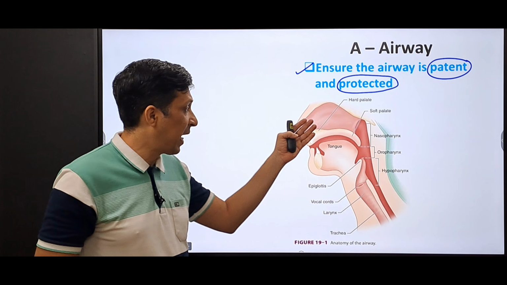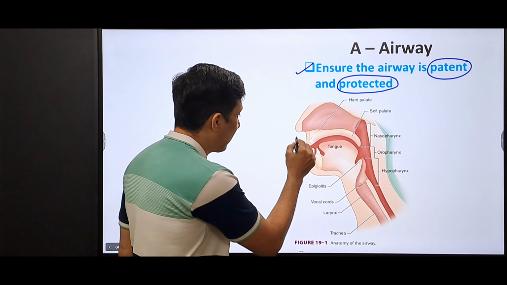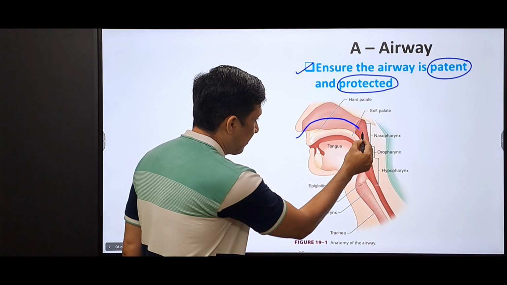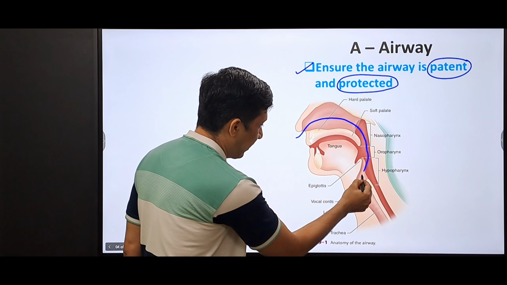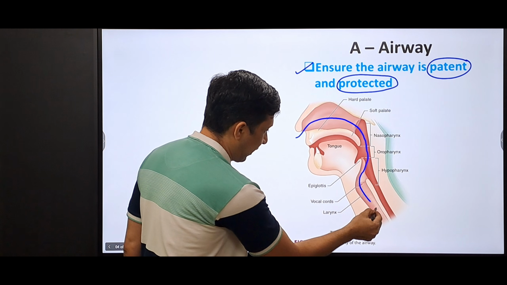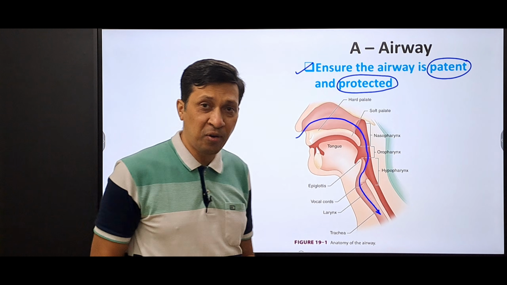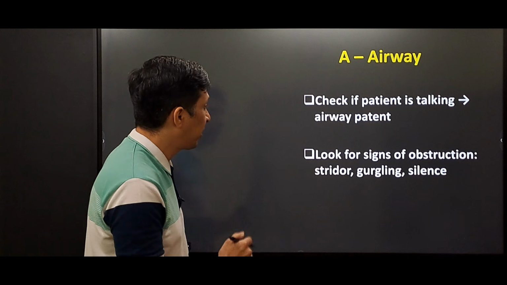So this is the anatomy of the airway. This is the sagittal section. This is the nasal cavity, from here air enters. This is the nasopharynx, oropharynx, and then here it enters into the trachea. Now how to check if the airway is patent or not?